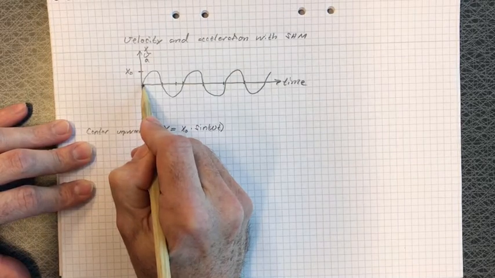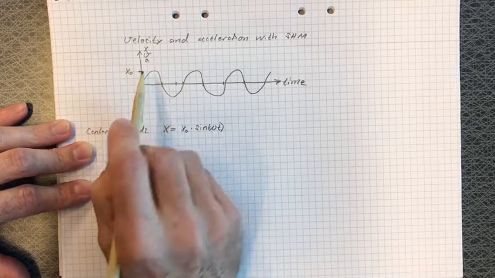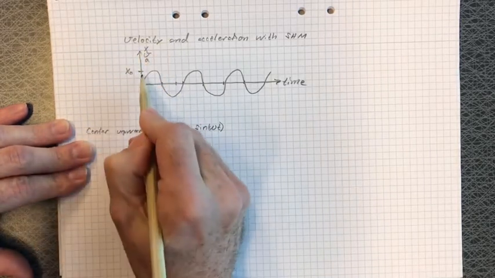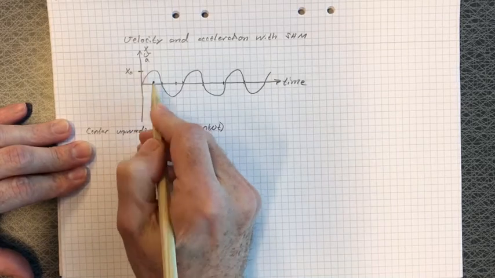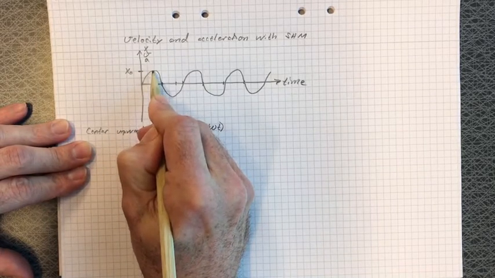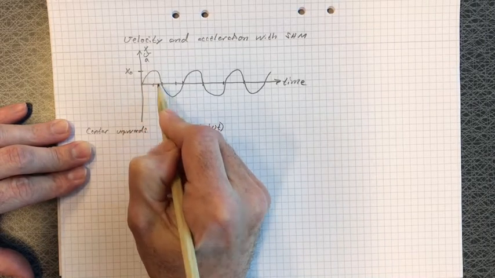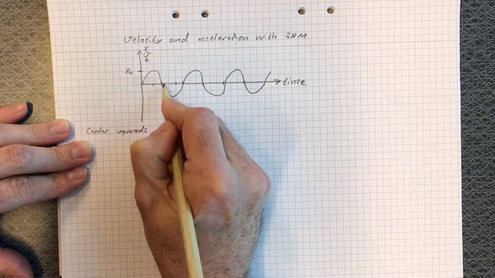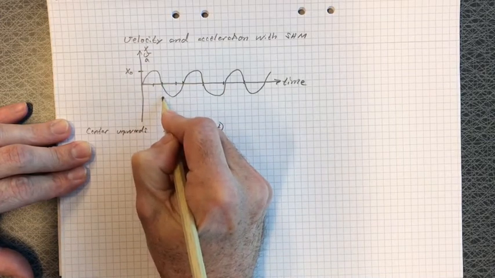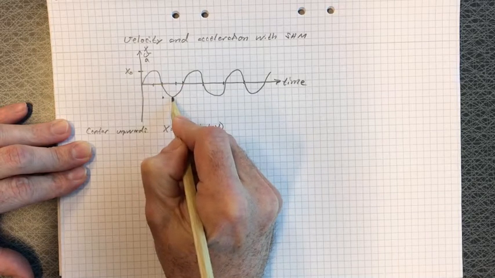When the mass passes the equilibrium, the velocity is the greatest. It's positive, it's on its way up. And after time, it's zero. It stands here and it's turning here and it's going down again. Here, the velocity is at its highest, but with a negative value. And then it stands still here at the bottom again.